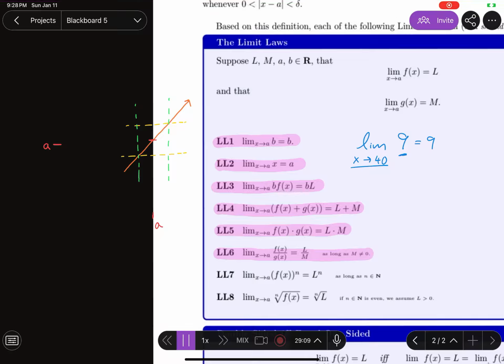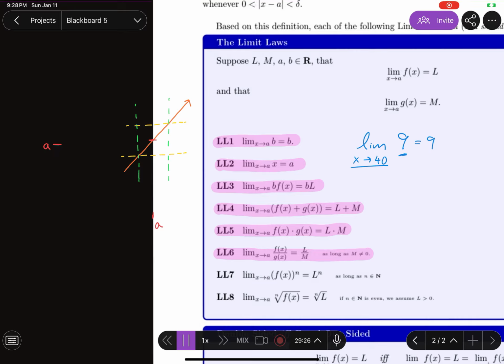I really have to go. There's a lot I still have to talk about. Okay, this one says that if I multiply a function by a number, then what I can effectively do is take that number outside of the limit and worry about it later. So that's really important.